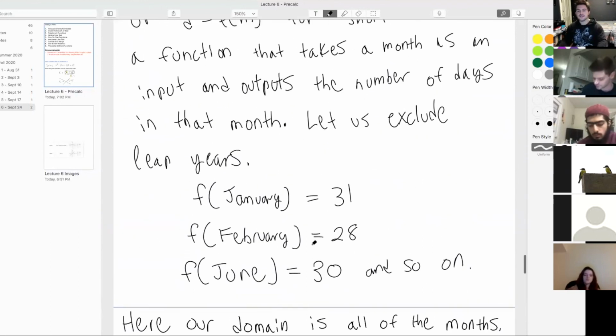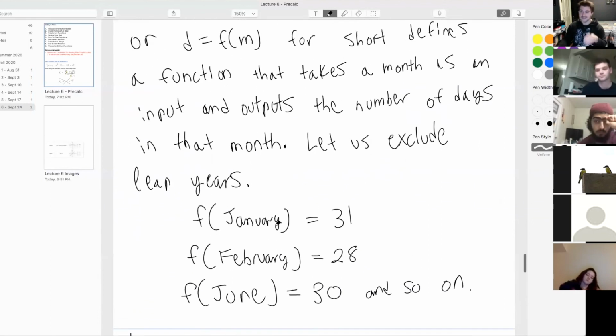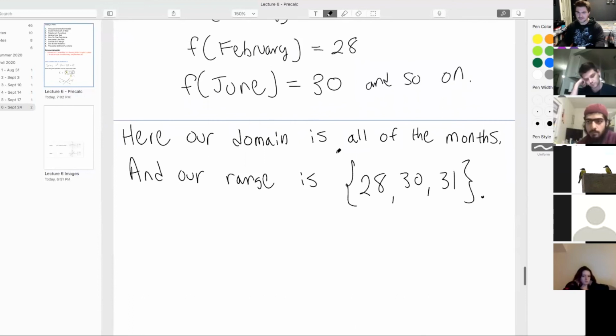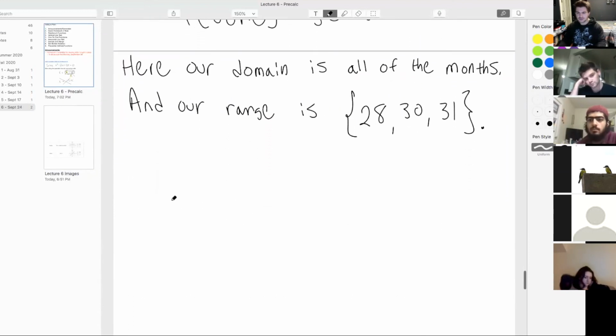The functions we're going to deal with in this class are not going to be like this, where it takes in January and outputs 31. This is just a very instructive example to utilize our new notation and ideas.